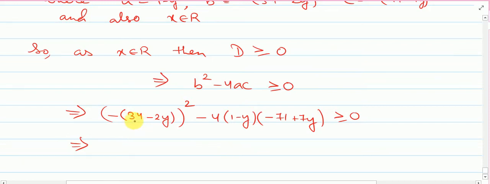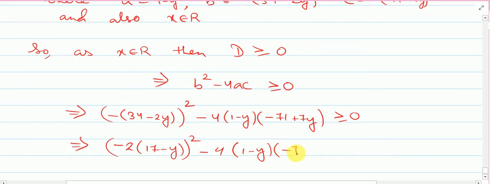Now here you can see 34 and here 2. 2 is common, so I get minus 2, here (17 minus y) whole square, and here (1 minus y) times (minus 71 plus 7y) is greater than or equal to 0.